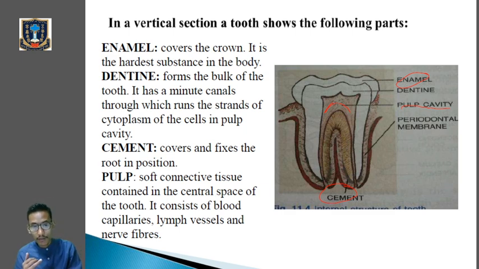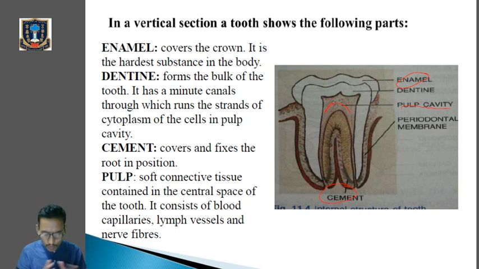Then cement, another hard bony structure which keeps the root in position. Then the pulp, the soft connective tissue contained in the central cavity. It consists of blood capillaries, blood vessels, and nerve fibers, which are continuous with those of the body through the opening at the base of the root. Whenever the pulp is infected or damaged, we start having toothache.